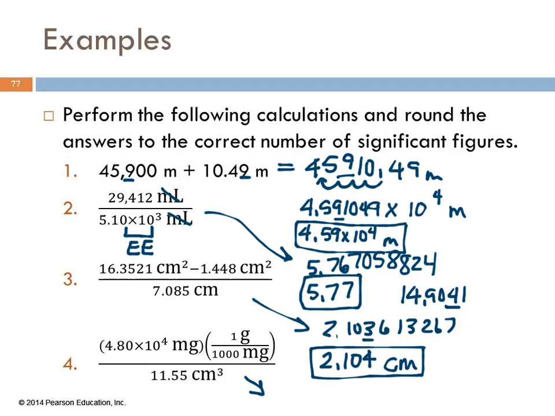Okay, so do this one and tell me with the correct number of significant figures what the answer should be.